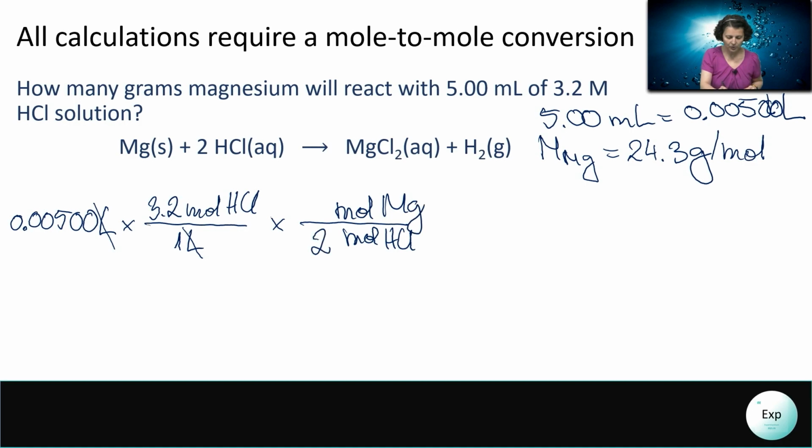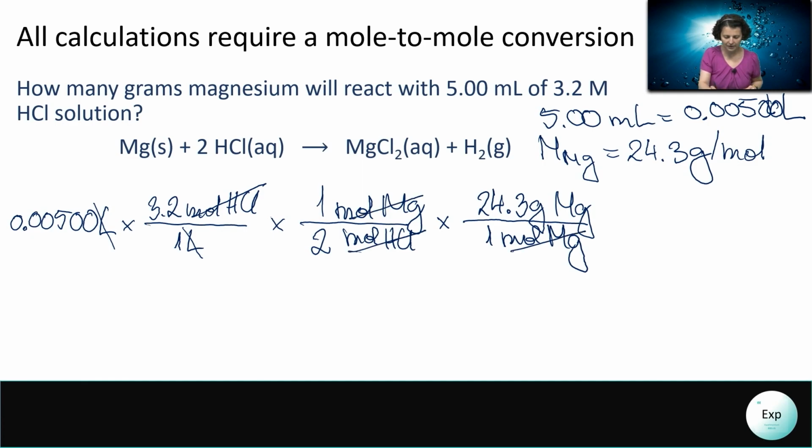For every 2 moles of hydrochloric acid consumed, we also consume 1 mole of magnesium. And every 1 mole of magnesium weighs 24.3 grams of magnesium. With this, our moles of hydrochloric acid and our moles of magnesium are canceled out. And all we have to do is complete the calculation. This results in 0.194 grams of magnesium required.